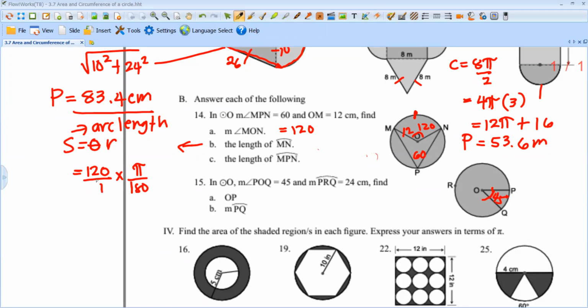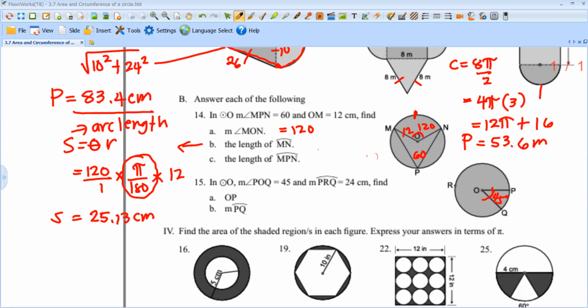Okay, so you have to do this all the time, times the radius, which is 12. So every time you have to find the angle, you have to multiply by pi over 180. So therefore, the answer here is S is equal to 120 over 180 times 12.